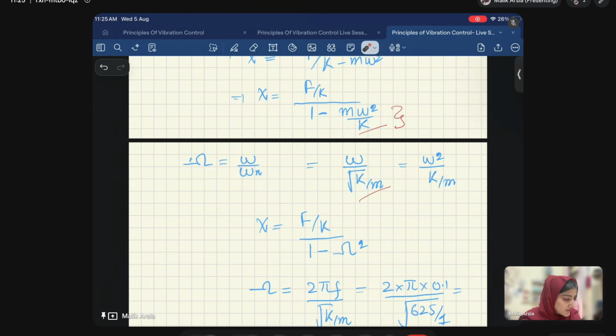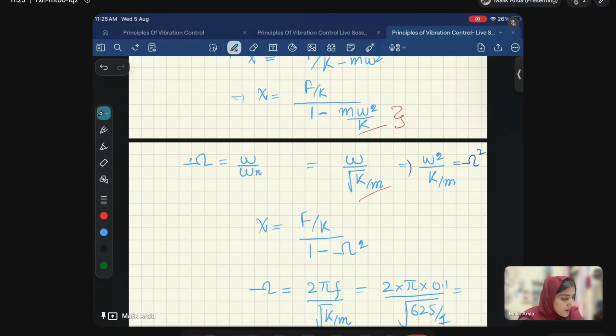So you can write it as omega upon under root of k by m, which is omega square upon k by m. If you're squaring this whole term, it will become omega square here. Now if you see here, it is nothing but this omega square. So let me just write it here. It implies this is equal to omega square.